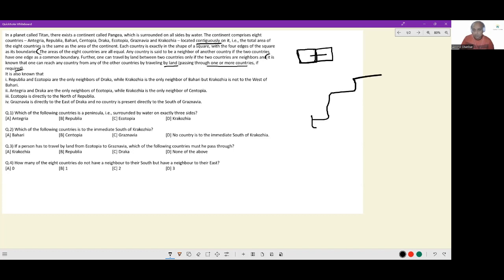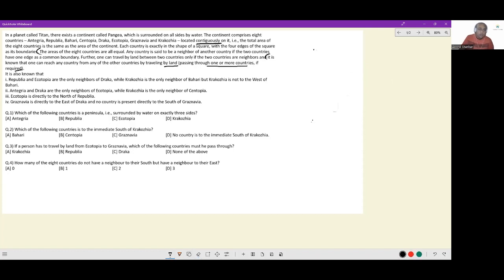Maybe this way, you have one country here, you have another country here, another here, and another here. This is connected. You have another country here, and another here. Even this person from this country can reach this country. Something like this can also happen.